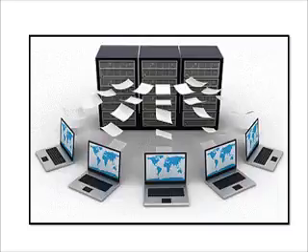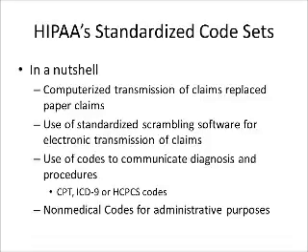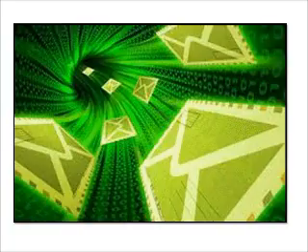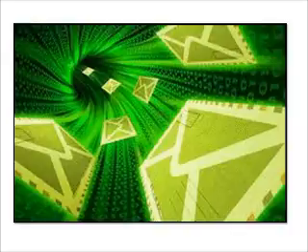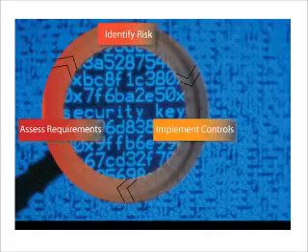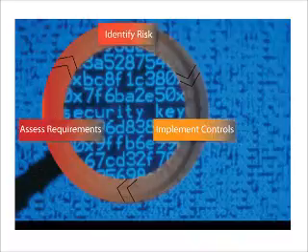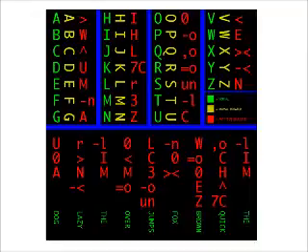HIPAA also standardizes the use of the code sets for standardized scrambling software for electronic transmission of claims. In other words, these claims are being sent out electronically. The information, as we discussed earlier, needs to be encrypted so that it's not able to be intercepted and therefore altered or stolen as far as the patient's information.